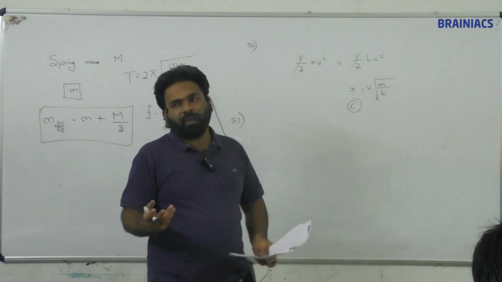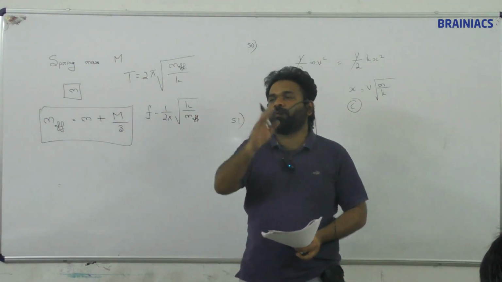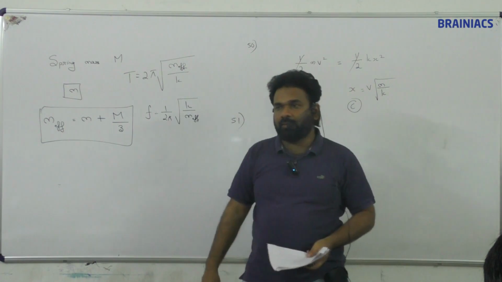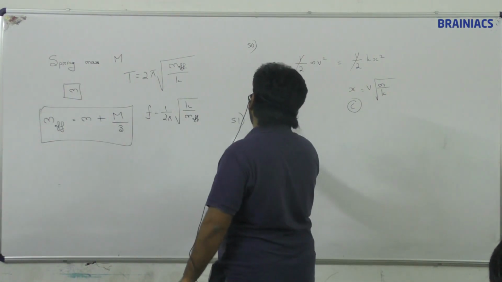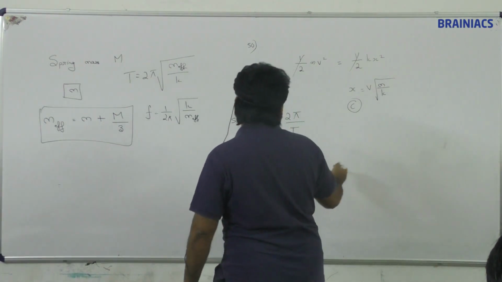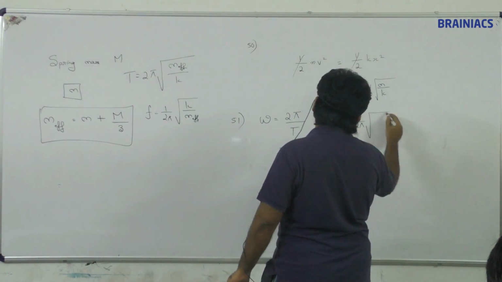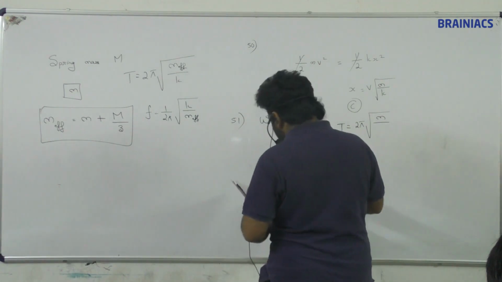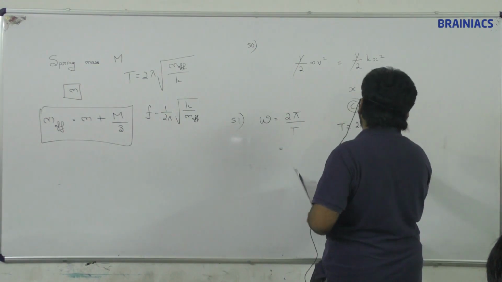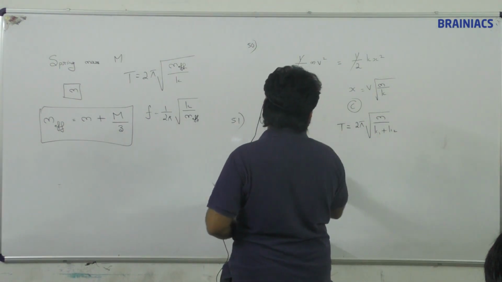What combination is that? Parallel combination. Two springs, one mass, with springs on both sides. So this is a parallel combination. They are asking for angular frequency, which means omega, 2 pi by T. So T is 2 pi into root of m by k, and parallel combination means k is k1 plus k2. 2 pi will be cancelled off.